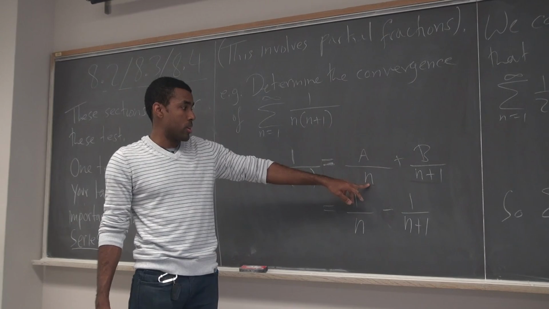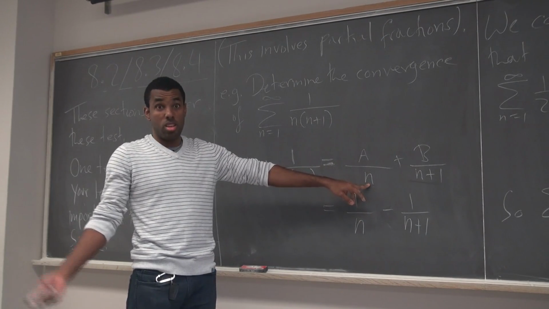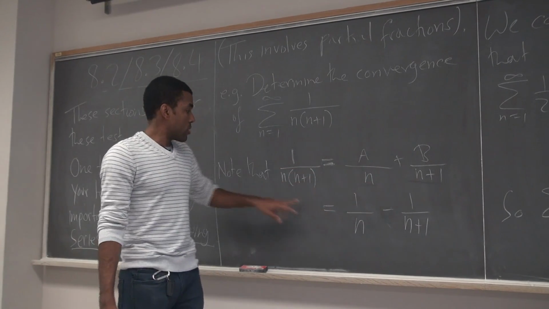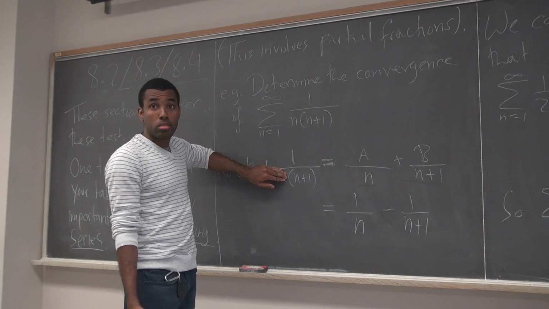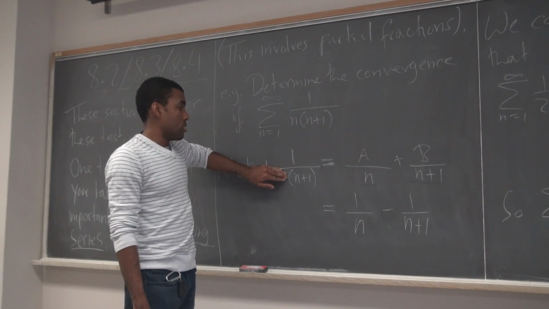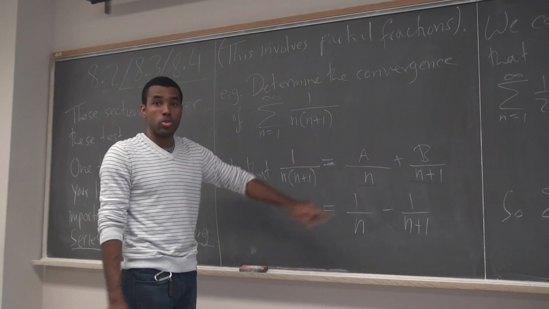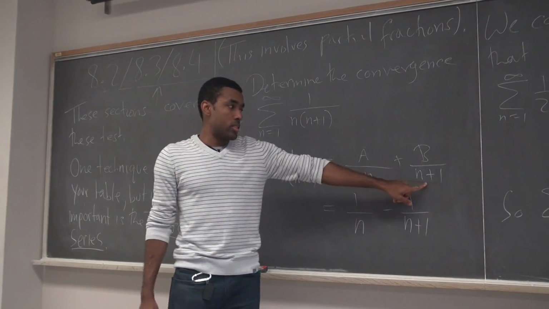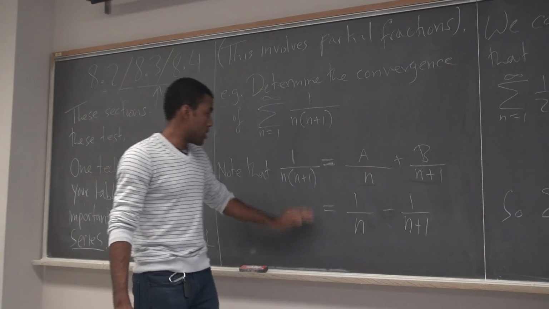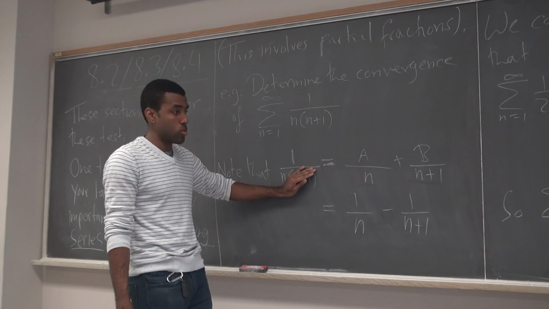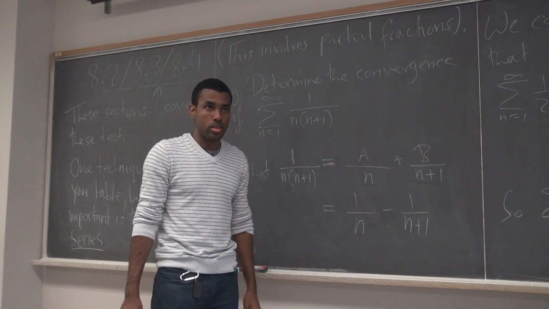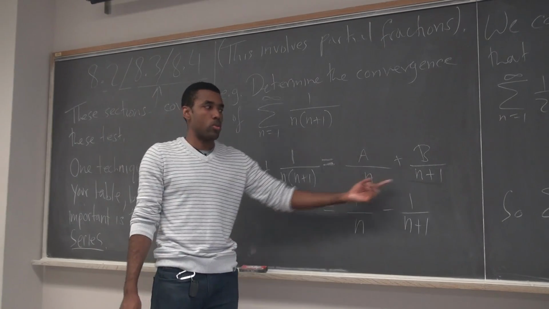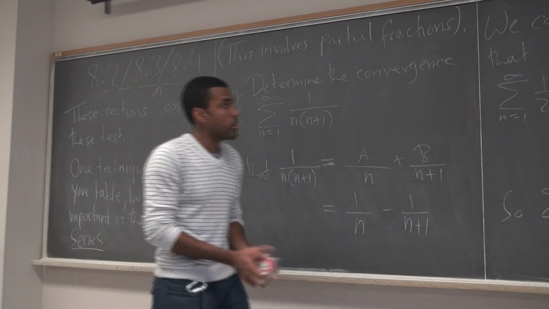For example here, n equals 0 makes this denominator 0. You cover that part up and plug in n equals 0. The result is 1. A is 1. What makes this 0? n equals minus 1. Cover that up, plug in n equals minus 1. Minus 1 is the result. So you can get to this a lot quicker when your denominators are linear.